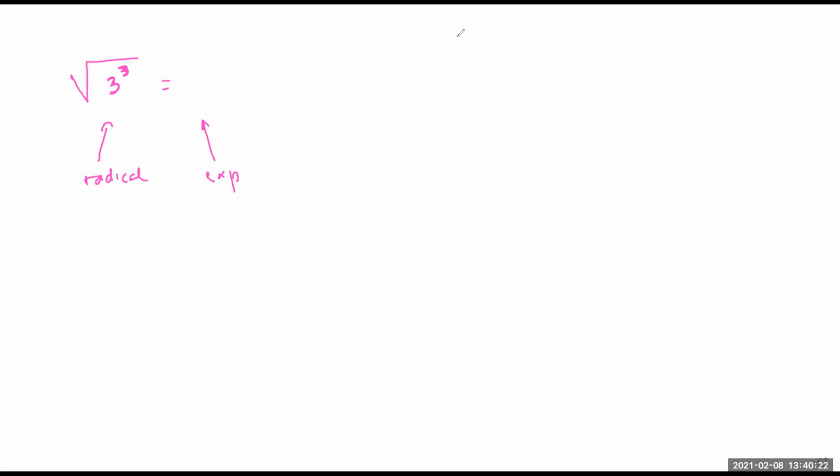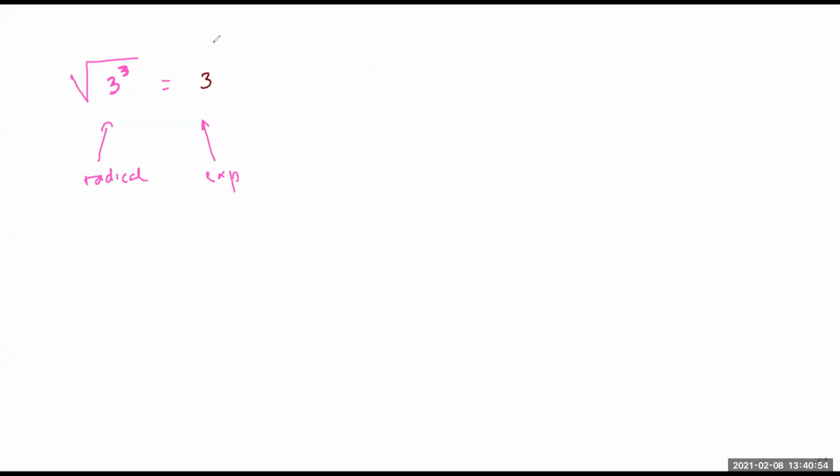Matthew: 3 square root of 3. Oh, no. To exponent, not simplify. This is simplifying, yes. No, you transform it into exponent. Hillary: 3 to 2 over 3.